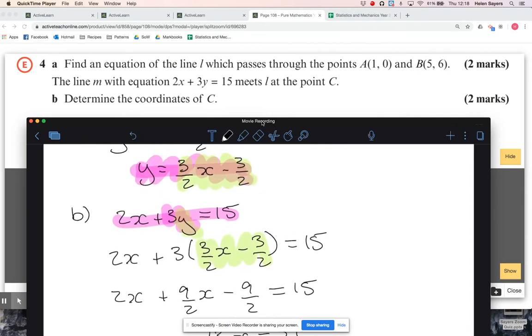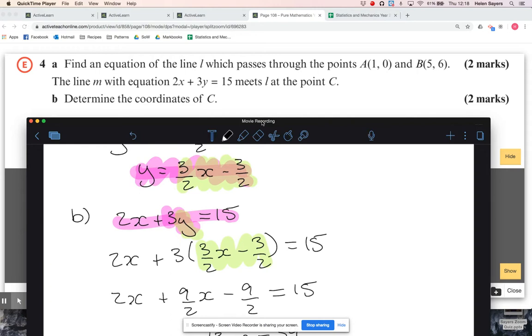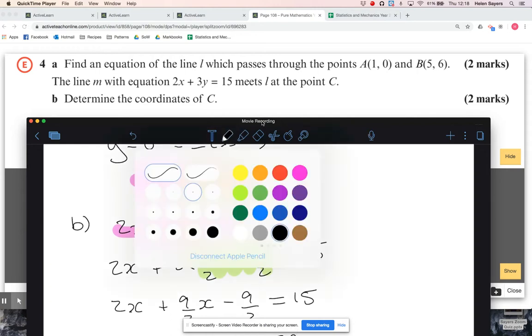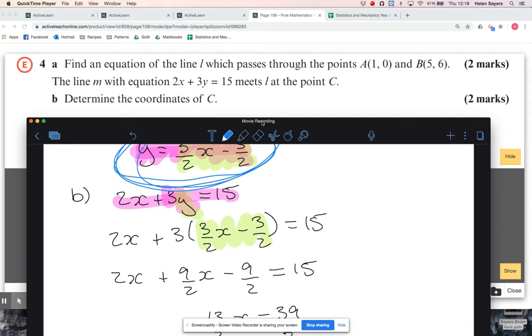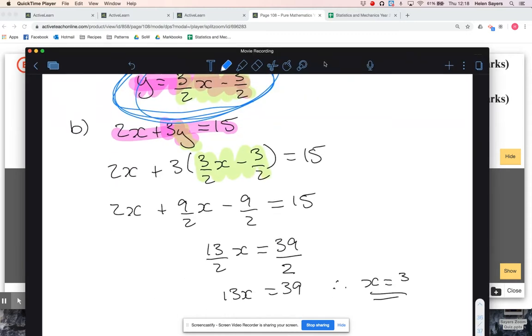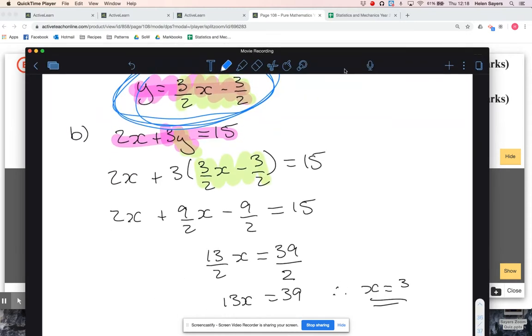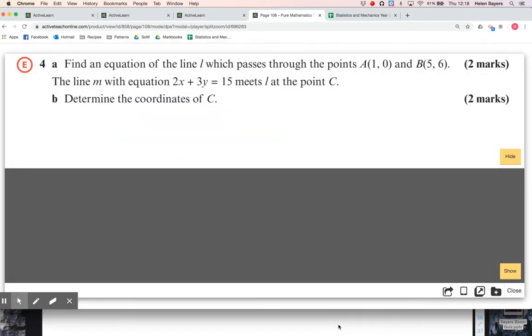And then I need to find y. I think the easiest way to find y is just to go back to that one, because we've got y as the subject. I'm using that equation I've just circled in blue.